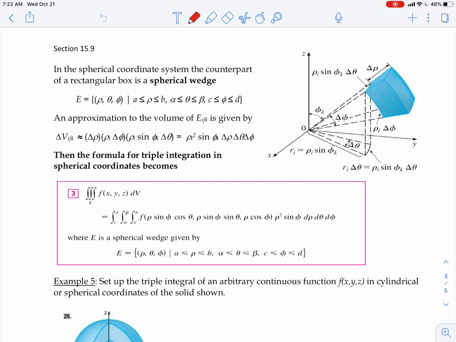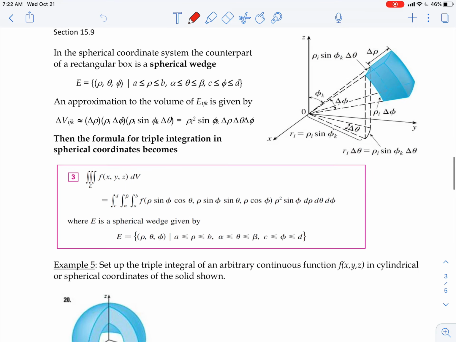The width of the lower is going to be delta theta. Actually, the width of the lower is going to be a combination of delta theta and delta phi when we're talking about that lower region, and basically we're going to do the same thing when we're trying to find the volume of this.